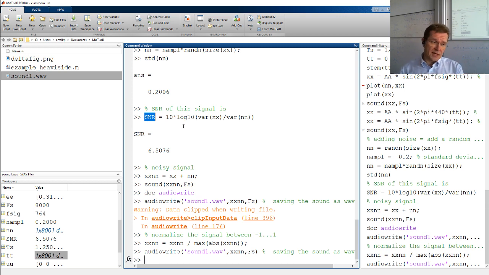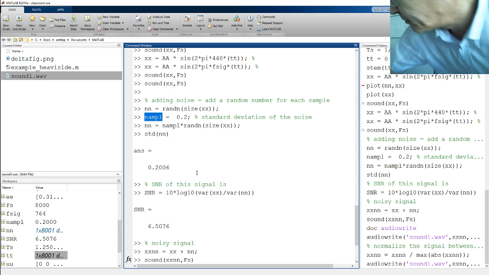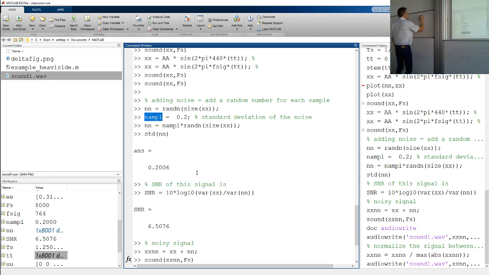We calculated the signal to noise ratio. On the ninth exercise of the first part of the exercises, the signal to noise ratio is given. You need to go back and calculate the standard deviation of the signal. So you need to calculate this noise amplitude. You don't know that one, but you know the signal to noise ratio, and the signal you generate yourself.